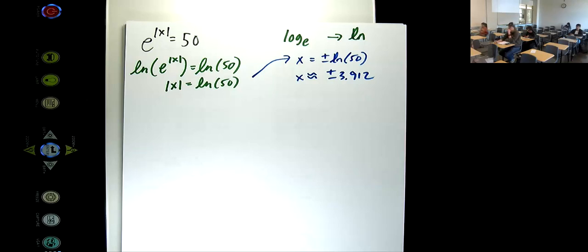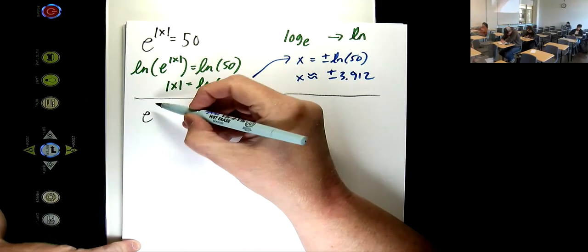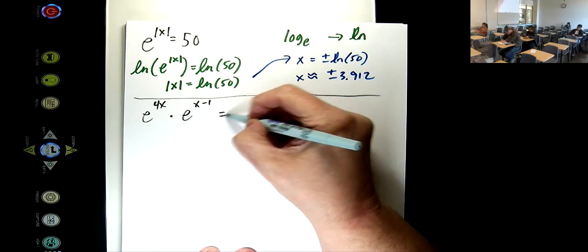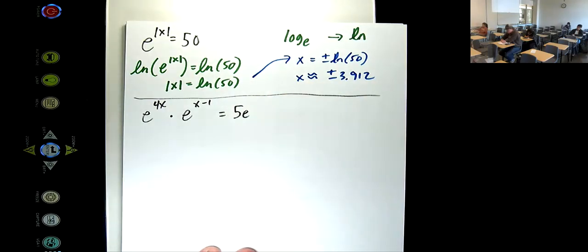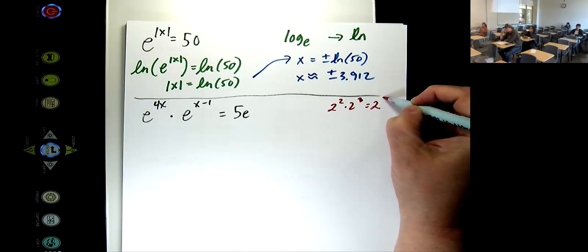Ready for more? Let's go bigger. e to the 4x times e to the x minus 1 equals 5e. Now, it may not be intuitive, but if I had 2 squared times 2 cubed, this is 2 to the 2 plus 3.